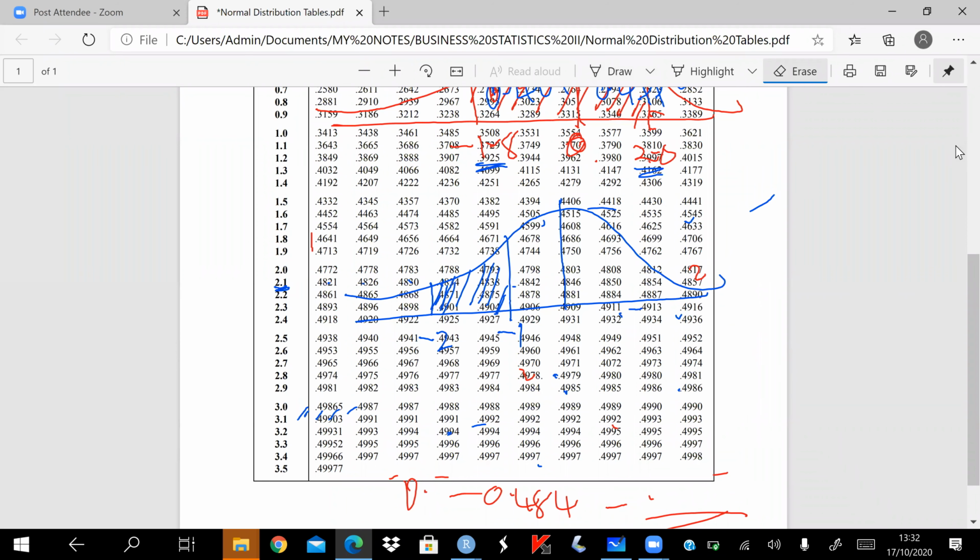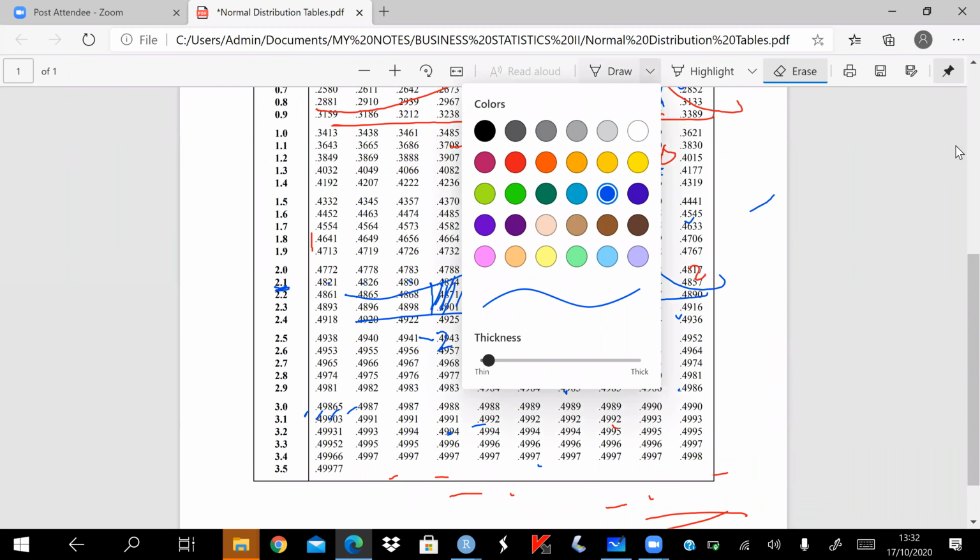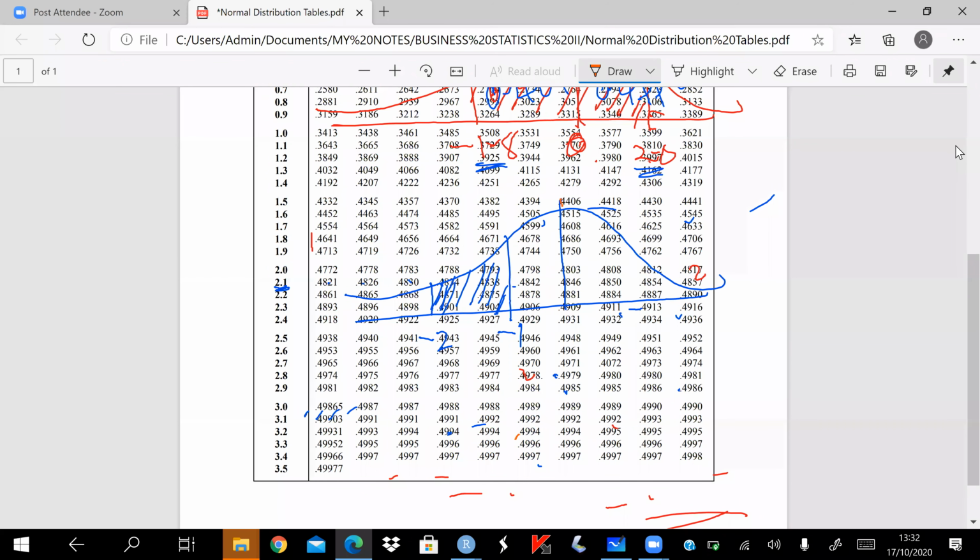So from your tables, you will get the larger area, of course. The larger area is from 0 to -2, you'll get the entire of that area. Then you'll get the smaller area from 0 to -1. Then you subtract the two to get the area shaded in blue.